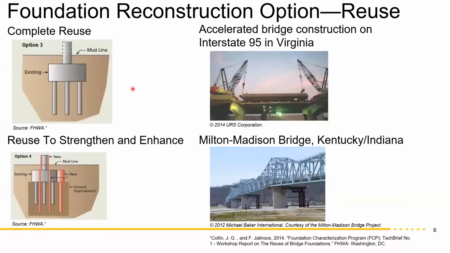On as is, a very prominent example is our bridges on I-95, and they were involved with 11 bridges which had to be replaced. So what they did is they reused the foundation as is, but they did some corrosion testing and corrosion repair, which I'm going to go over later in my presentation.